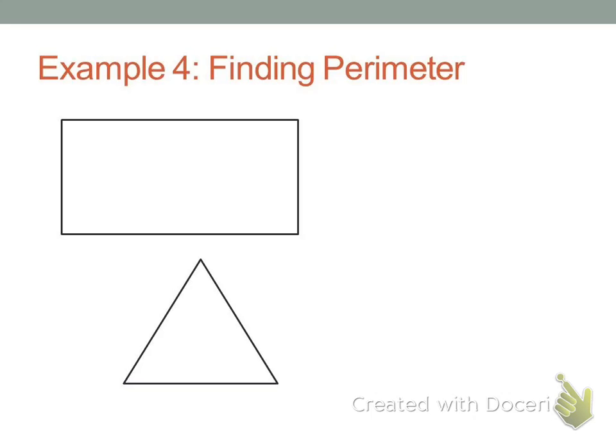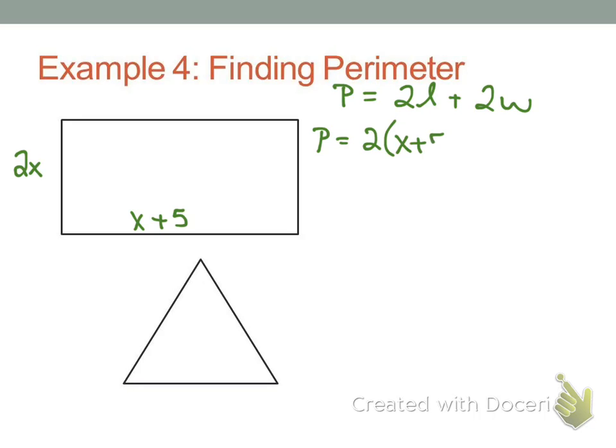All right, so in our last example, we're finding perimeter. Say I've got a width of 2x and a length of x plus 5. And I said, find the perimeter of this rectangle. Well, how can I find perimeter? What's my formula? Very good. Perimeter equals 2 times the length plus 2 times the width. So, perimeter equals 2 times x plus 5 plus 2 times 2x.